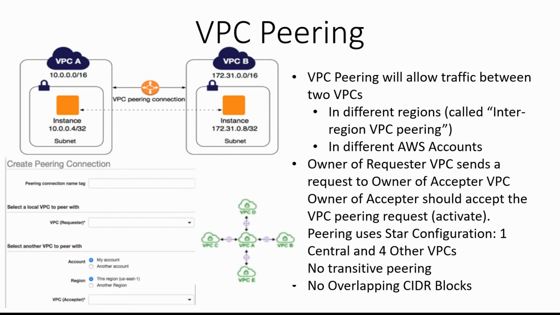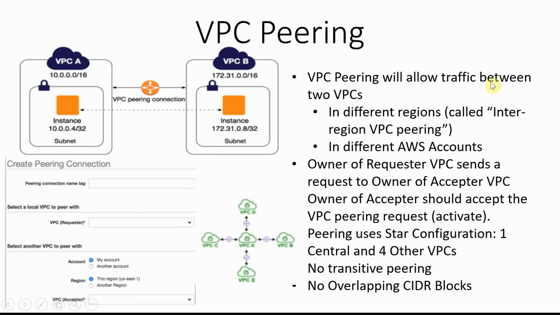That's where there's a product called VPC peering, which we need to establish. That will do the inter-region VPC communication. A question in the exam will be something like this: two VPCs in different regions want to talk. What options do you have? The option is VPC peering.